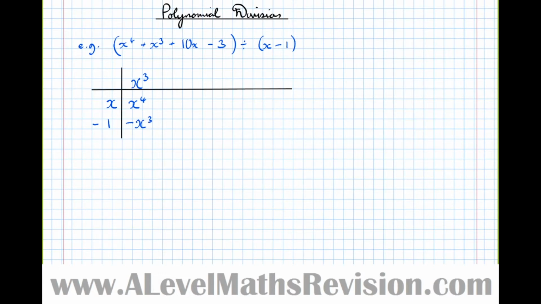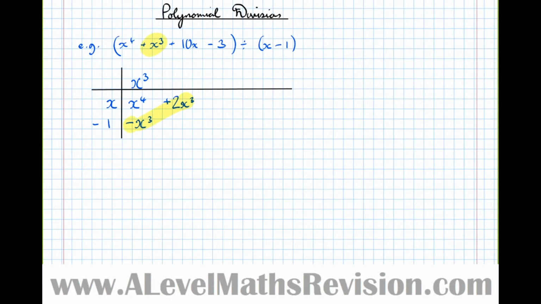So what we've got so far is x to the power of 4 take x cubed. But really we want our answer to have a plus x cubed in, not a take x cubed. So we're going to have to adjust for it. So here we need to add an extra 2x cubeds to make this add up to x cubed.